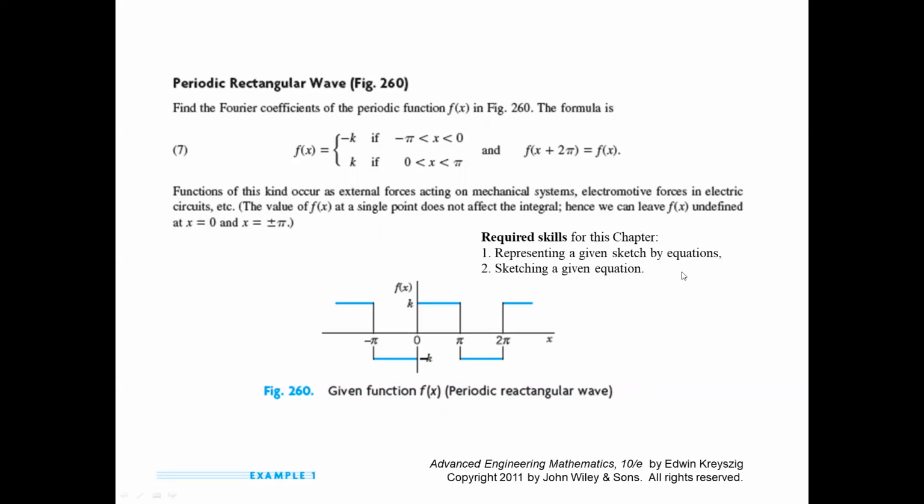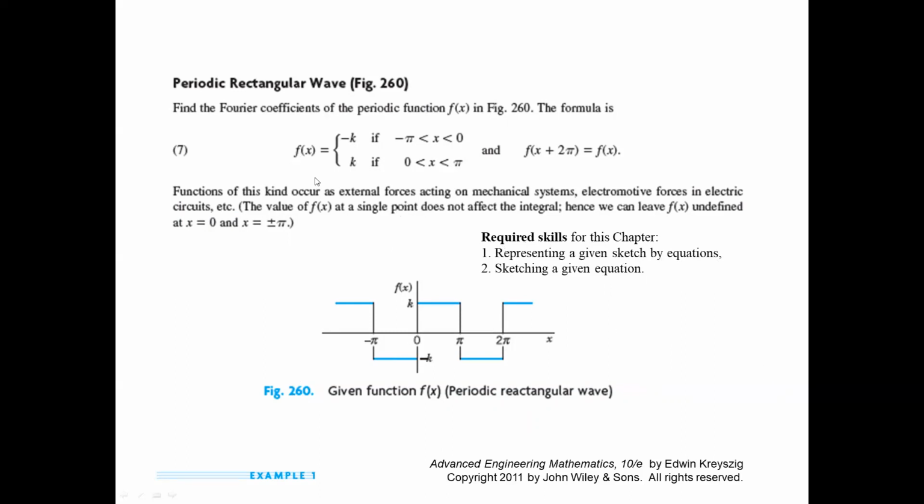And here I remind you that the required skill for this chapter is how to represent a mathematical equation to a graph, and how to represent a sketch to equations.